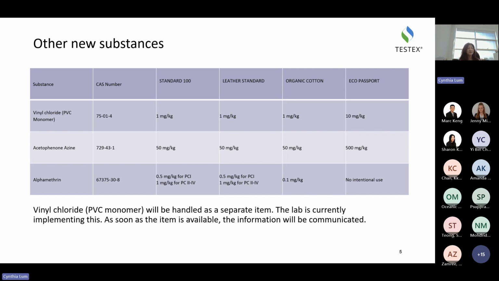The test method is under development, and once it is available, it would be implemented. For the other 2 substances, they will be added to the current respective test parameters, and they will also be seen in the test report when eventually they are tested in the lab.